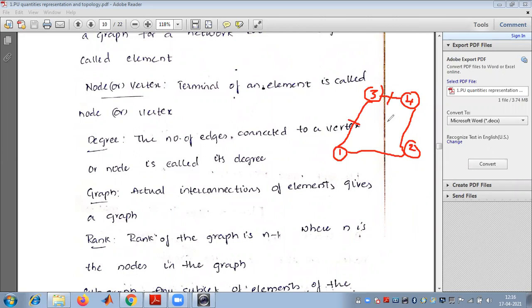Now if you see this clearly, all four elements have been interconnected, so this forms a graph. So that is the definition: actual interconnections of elements give a graph. That is the meaning of this, right?